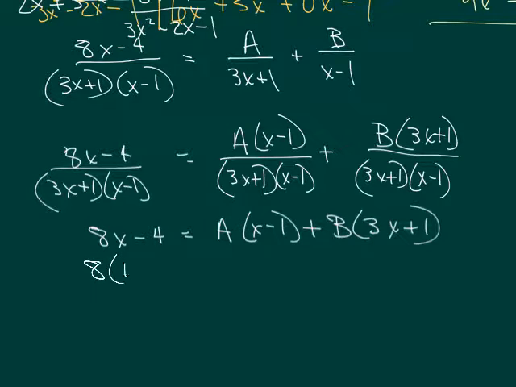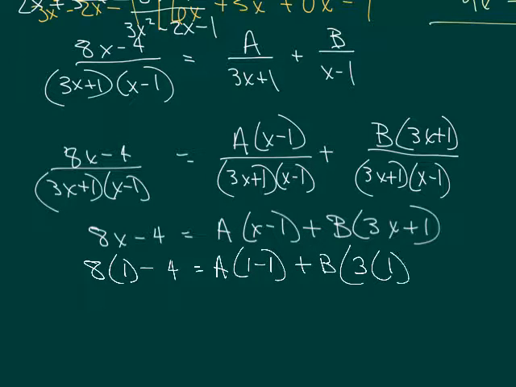So 8 times 1 minus 4 equals A times 1 minus 1 plus B times 3 times 1 plus 1 gives me 4 equals, that goes away, B times 3 plus 1 is 4, and that gives me my B value then of 1. So I'm going to replace this B here with 1 then. Okay, so that's what that number is going to be, 1 over x minus 1.